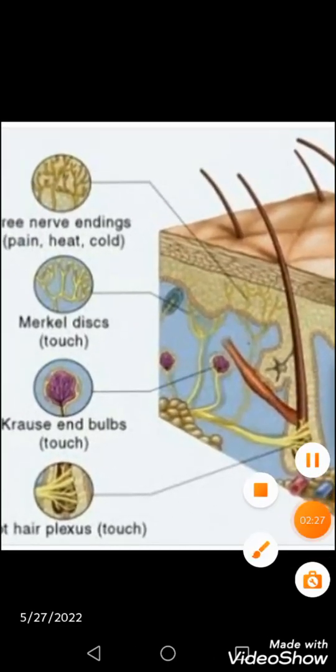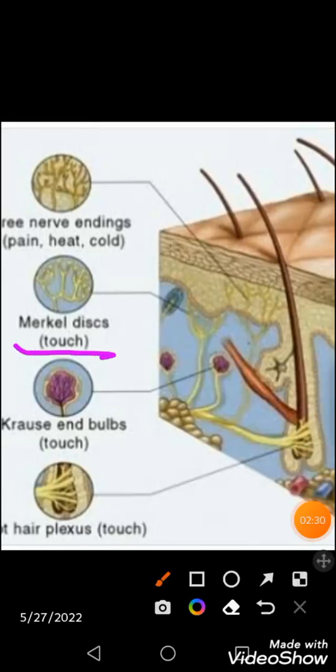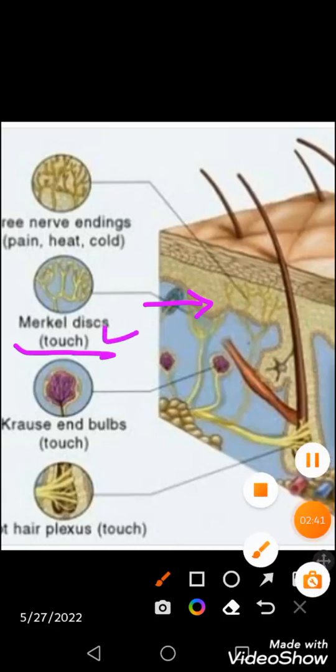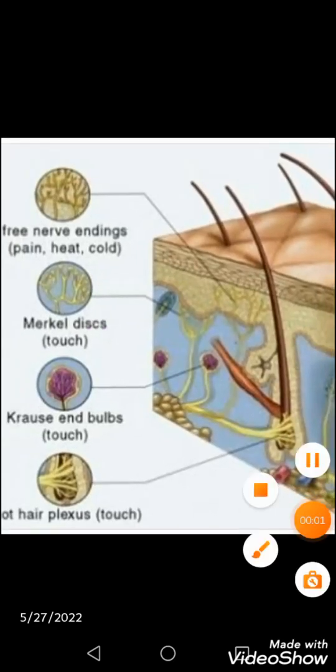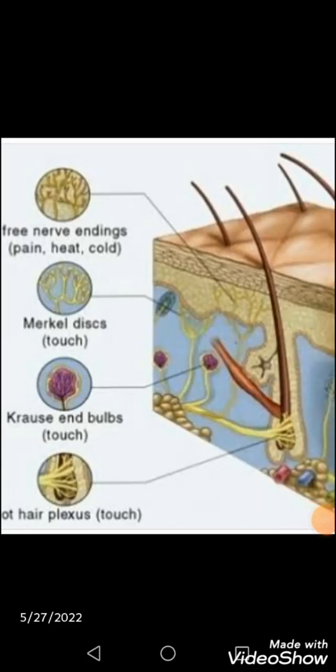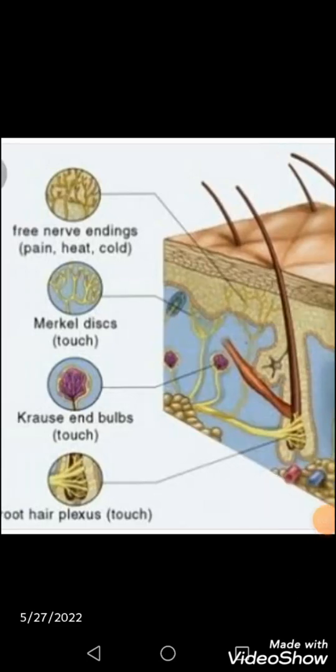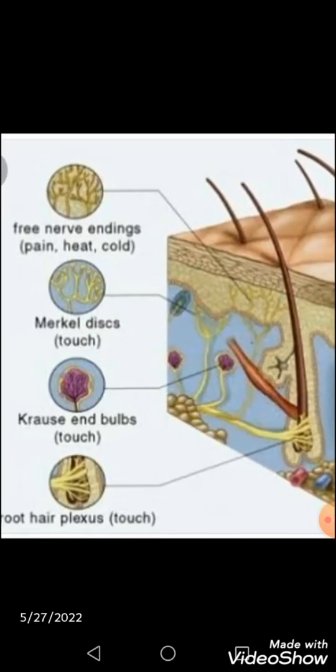Where are they located? If you observe, they are near the stratum basale of the epidermal layer. They also get information related to touch, right? Merkel's discs, as I told you, are meant to receive fine touch and very light pressure.